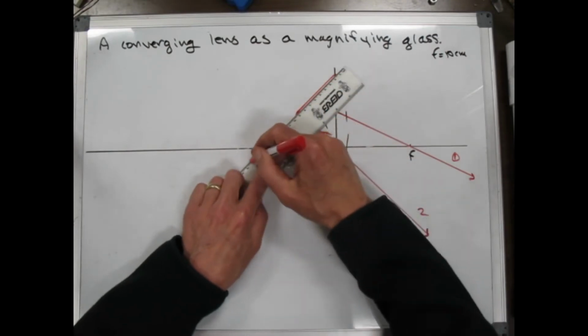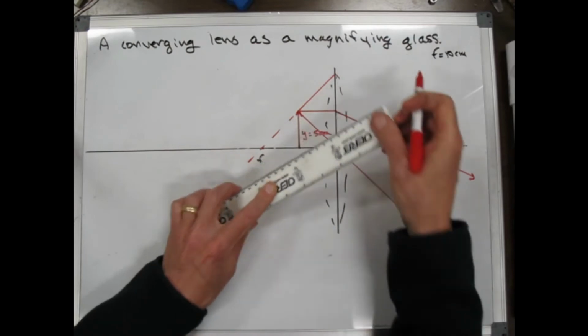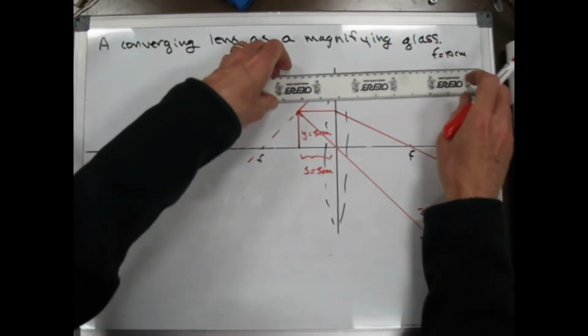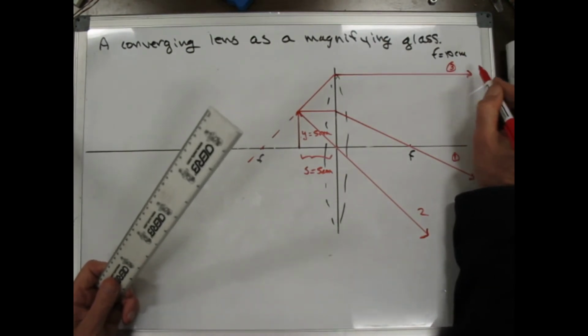And so it comes from this direction, if you follow me. And then it gets bent parallel to the optic axis, just like it should, right? And so this is ray number 3, and it comes off this way.